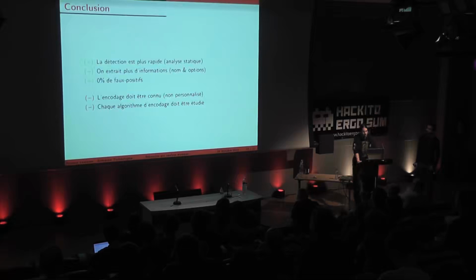We have all the information about the encoders, or the encoder, it depends, like its name and potential options. Also we have 0% false positives. But for this method, we have to know the algorithm of the encoder.